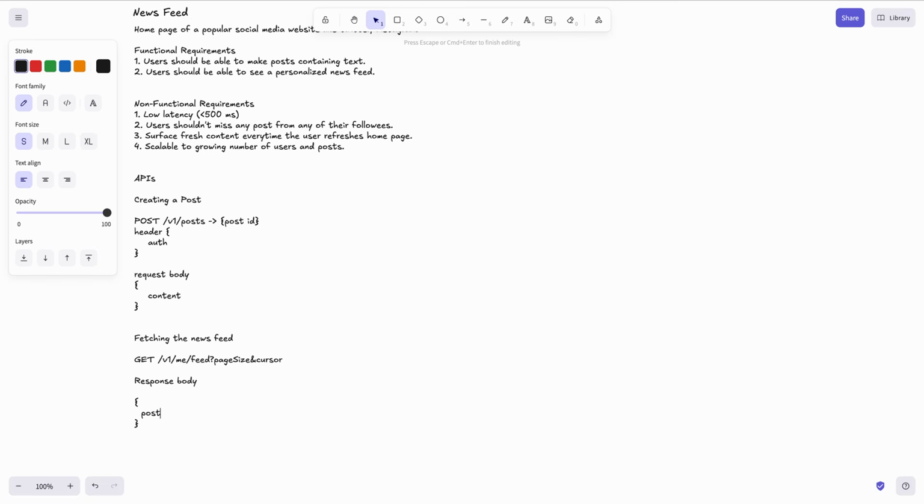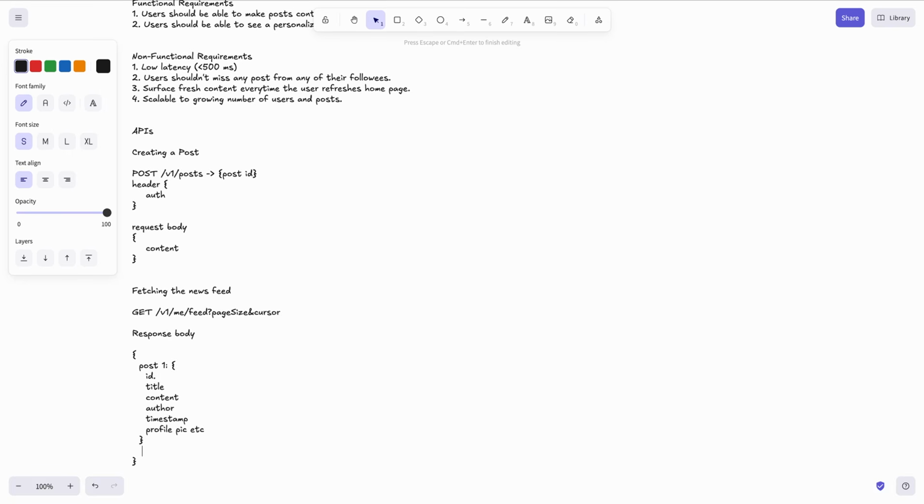Post 1 will have the ID, title, content, user, author, timestamp, profile pic of the user who posted, etc. So this will be a list of posts.